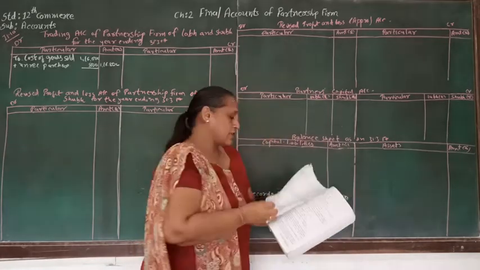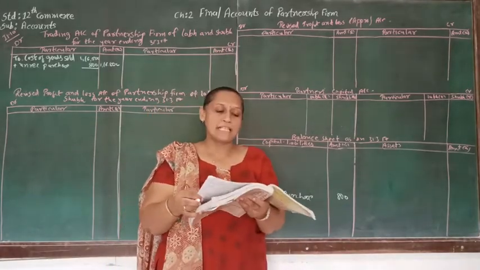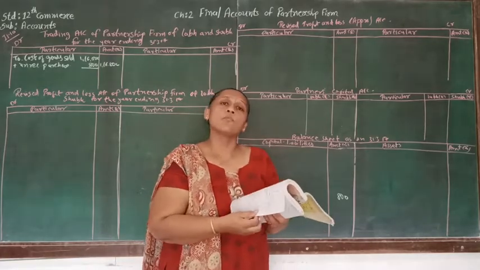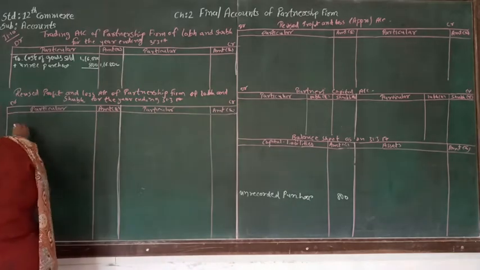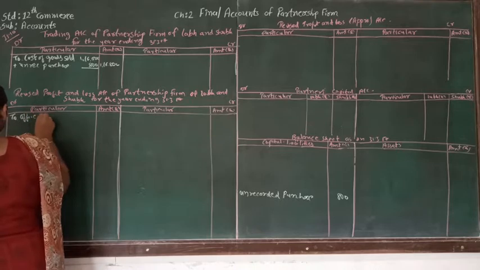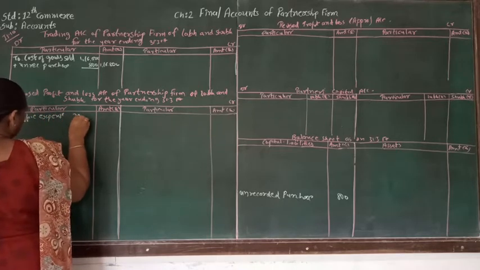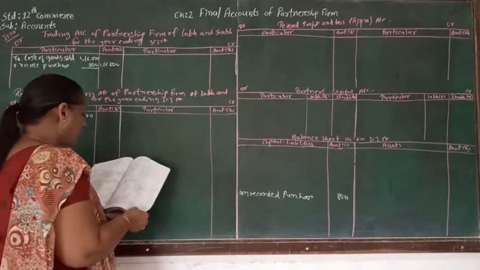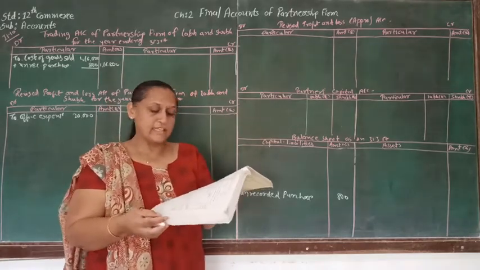Now afterwards let's see the second account, that is the office expense account, which is supposed to be written in the profit and loss account. So let's write to office expense. It is 20,000. In the office expense we can see adjustment number 3: prepaid rent is 200.